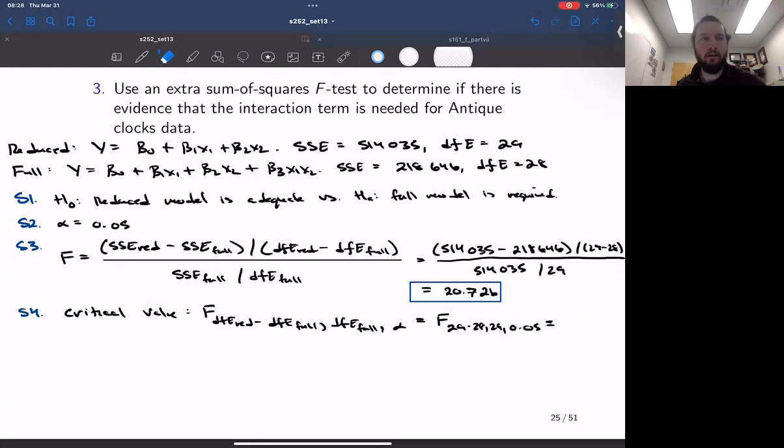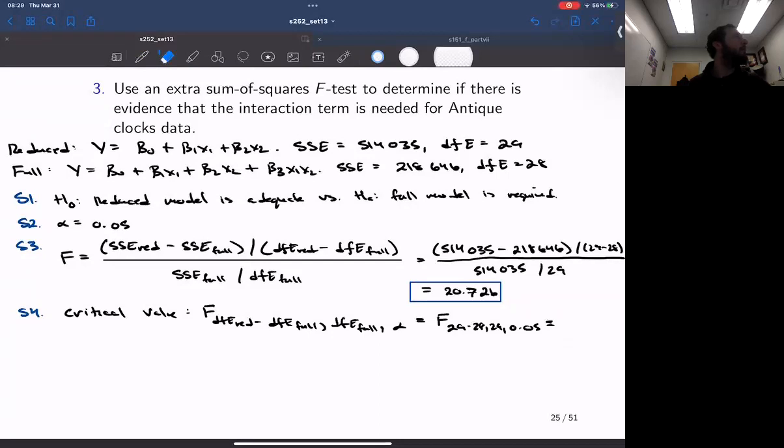Yeah, in the denominator, SSE full divided by DFE for the full. Oh, I see. Because I put the reduced ones there.